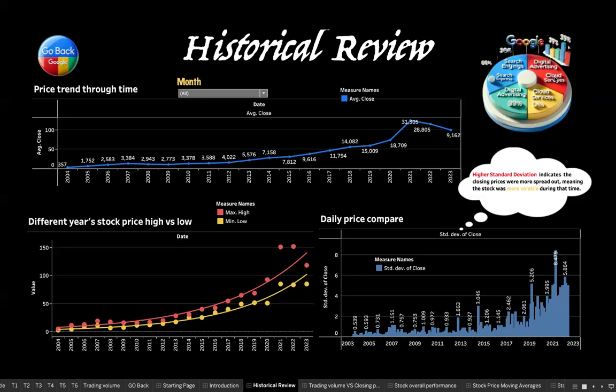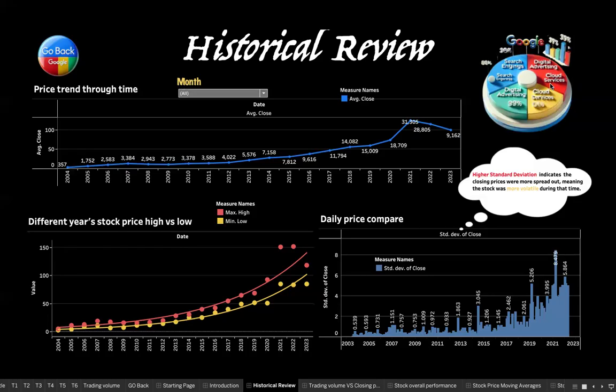And in the right corner, we can see in this graph there is a daily price comparison. According to the stock standard deviation, a statistical indicator, we can see how the stock price changes in different quarters of the year.